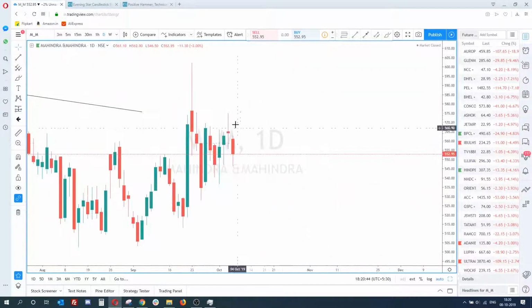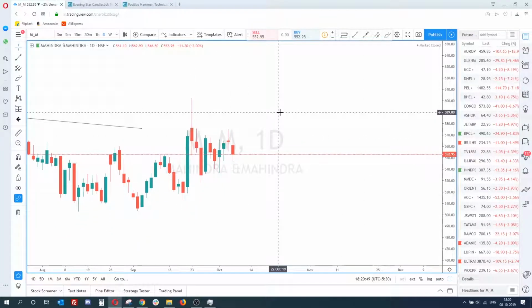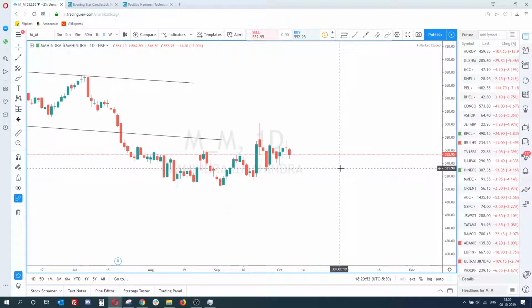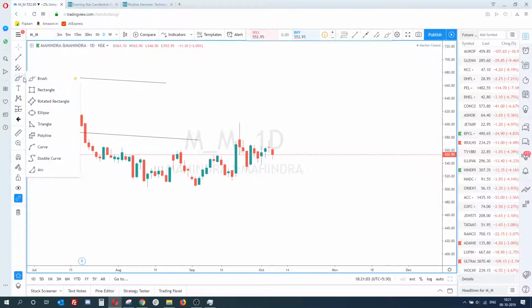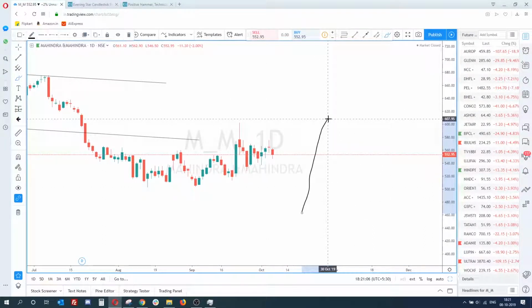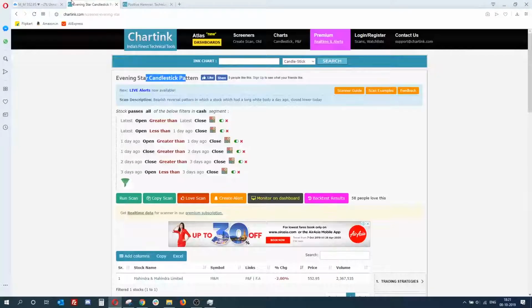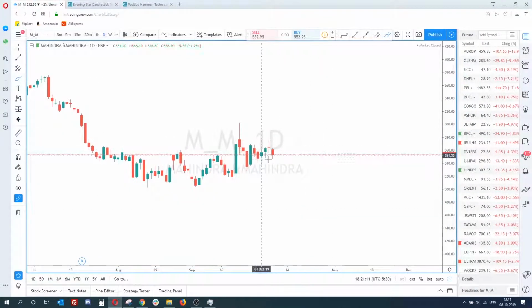Yes, there is an evening star pattern here, but if you are good at candlestick patterns, you can easily figure out that this is not a perfect evening star.